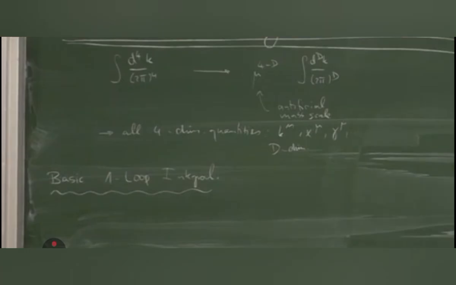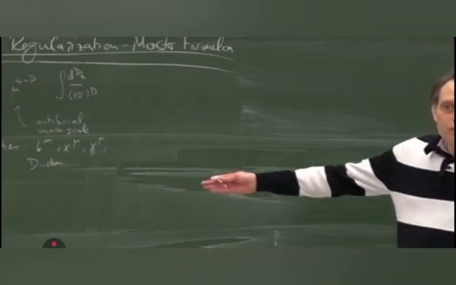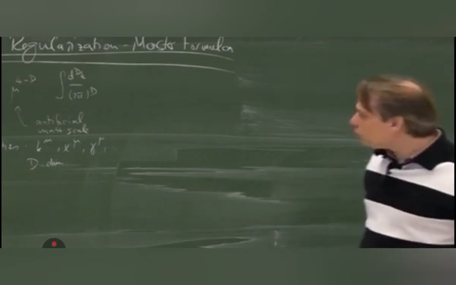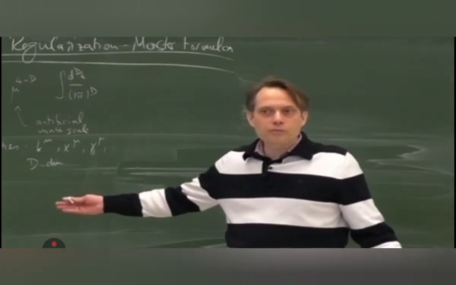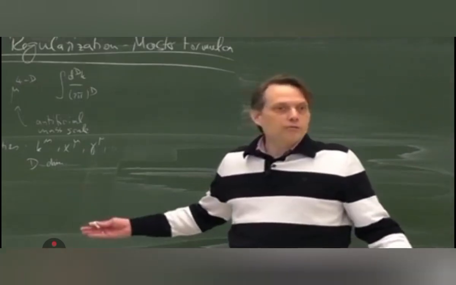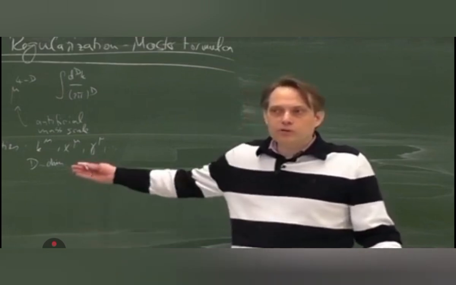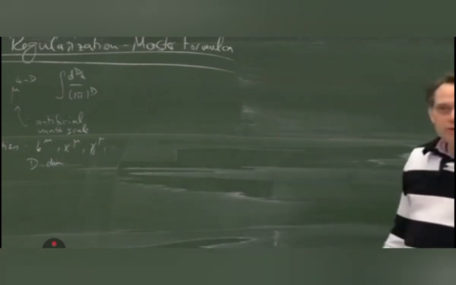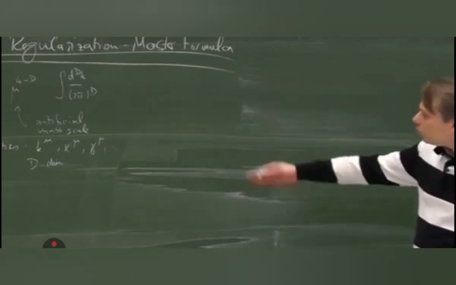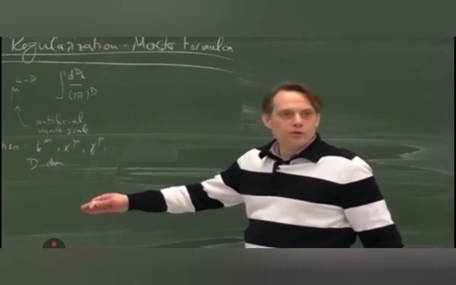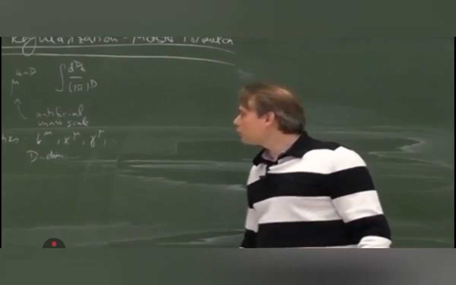But the result will be interpreted in d dimensions, where d is a continuous variable, which might be real or complex. And then, of course, for real or complex d, the result will be a definition. And by the calculation, it will agree with normal integrals for integer dimensions whenever the integral converges, but the result will be defined also for complex d, and then you can take limits and expand in d minus 4.